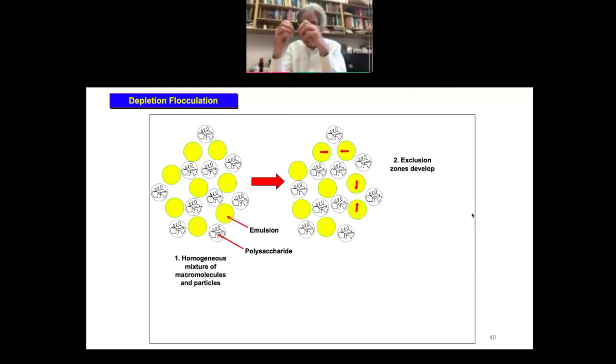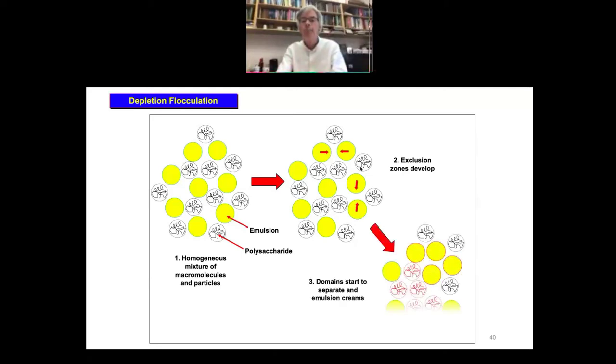And so you get these gaps, if you like, where the polysaccharide molecule cannot any longer fit between the two emulsion droplets. It's just too big. And this creates these exclusion zones so that we start getting a macroscopic phase separation between our colloidal particles and our polysaccharide, and that just drives those two phases closer together. So this is what we refer to as depletion flocculation.